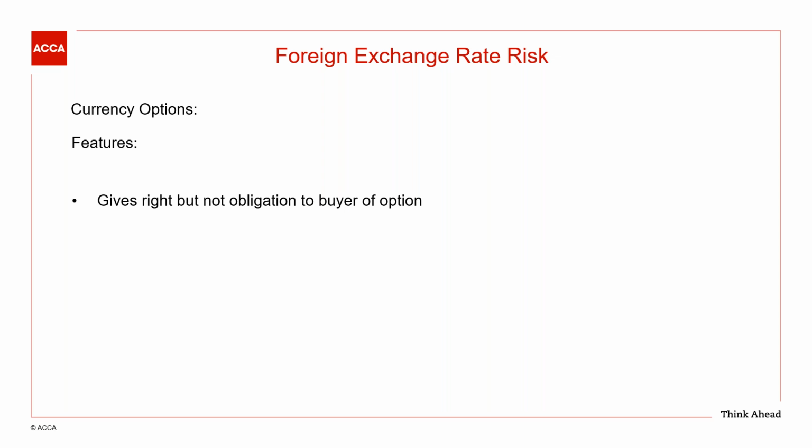Even if the deal with your supplier is confirmed, but in a month's time it is cheaper to buy dollars from the market than buying from the bank from whom you purchased this option, you still have the choice to buy it from the open market instead of going to the bank. That is called currency options. So it gives the right but not the obligation to buy under the option.